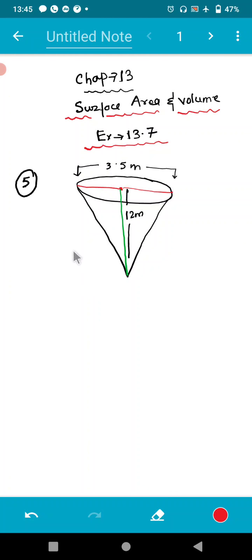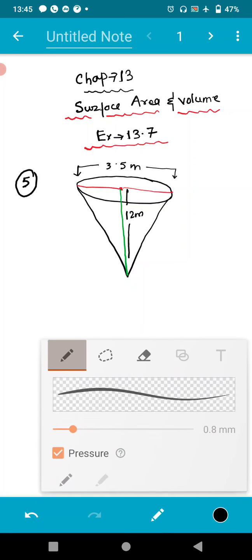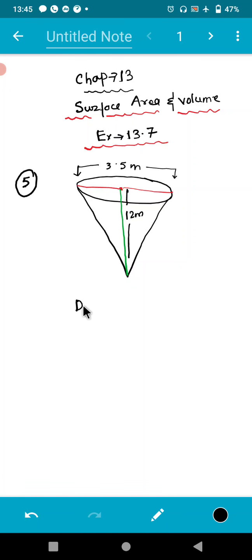See, diameter is given, 3.5 meter. So we'll definitely find out the radius first, that is d by 2, that is 3.5 meter by 2, and this will give you 1.75 meter.